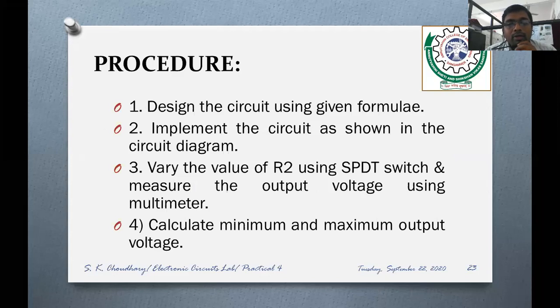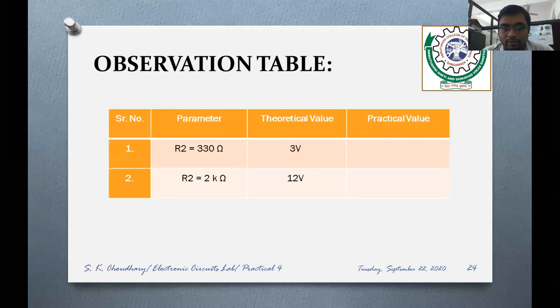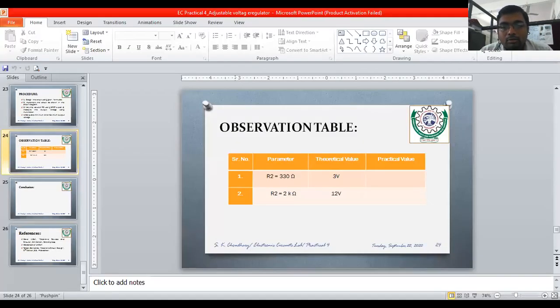First of all, we see the procedure: design the circuit as per the given formula, implement the circuit according to the circuit diagram, vary R2 and measure the output voltage using a multimeter, and calculate the minimum and maximum output voltage. Here in the observation table I have written the theoretical values. We have to find out the practical values.